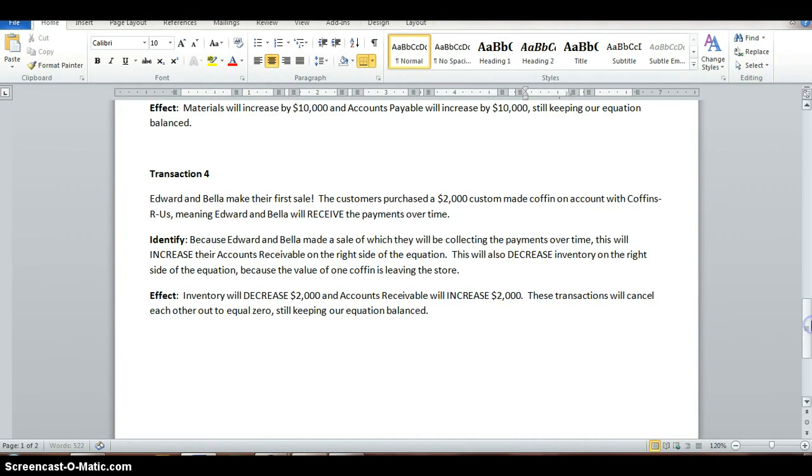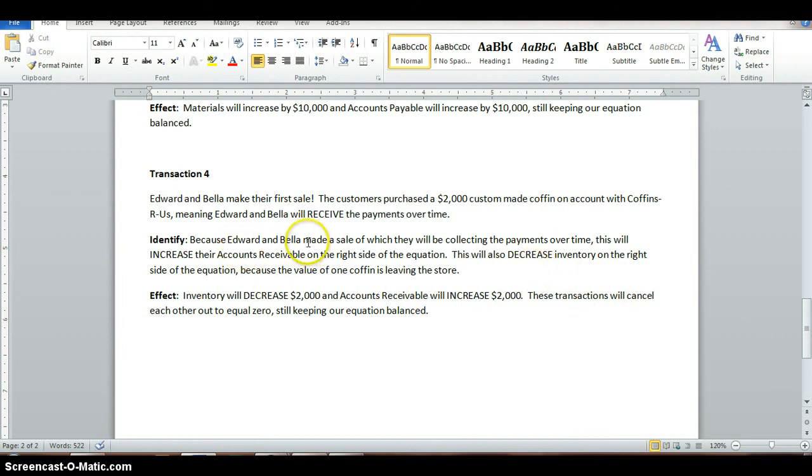For our fourth transaction, Edward and Bella make their first sale. Customers purchase $2,000 of a custom-made coffin on account with our company, Coffins R Us. This means Edward and Bella will receive payments over time. If it doesn't tell us they're paying in cash up front, then that means they're paying on account and paying over time.